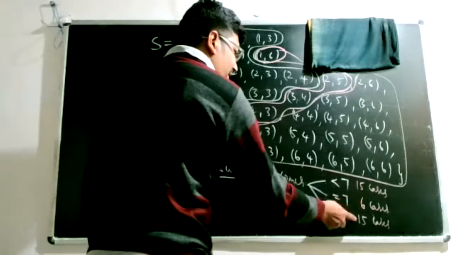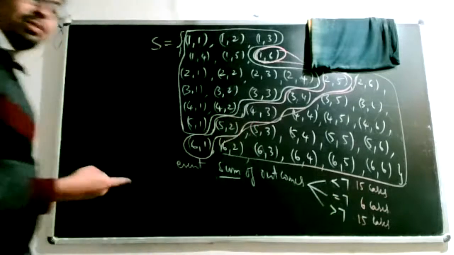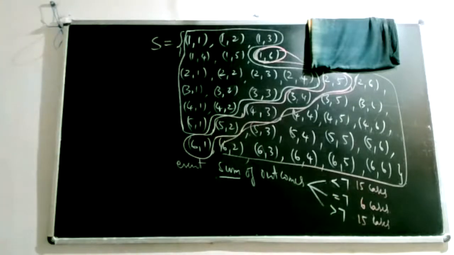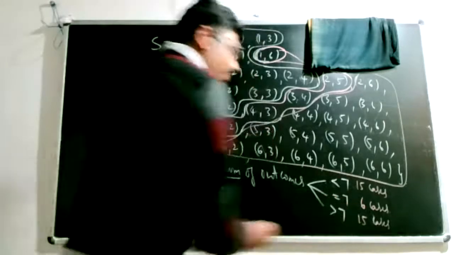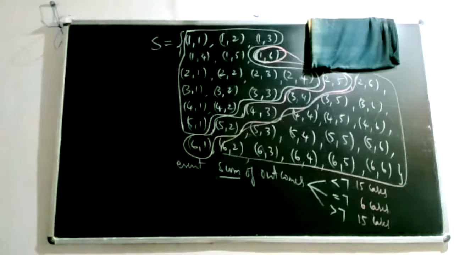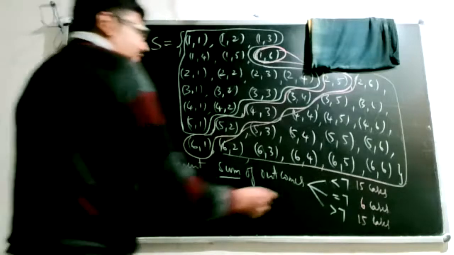Since those two have equal chance, you have to try your luck only on the greater than and less than cases. That doesn't mean that equal to 7 never comes. We are not saying it is impossible. We are just saying it has less chance of occurrence.